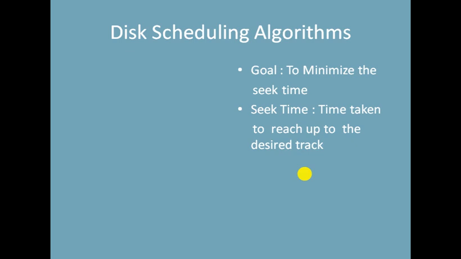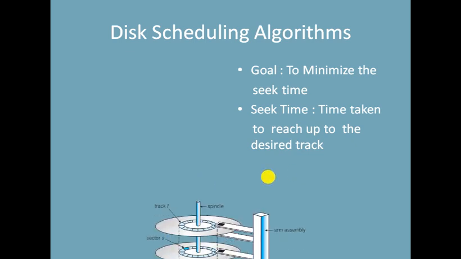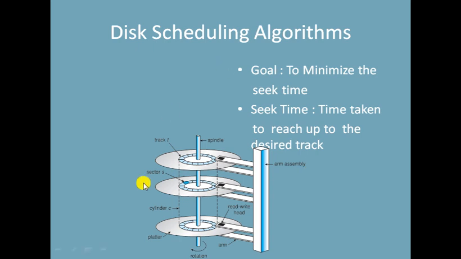To understand this seek time, we need to understand the architecture of the hard disk. This is a typical hard disk architecture. Your hard disk has a number of CD-type contents, all packed as a single disk.